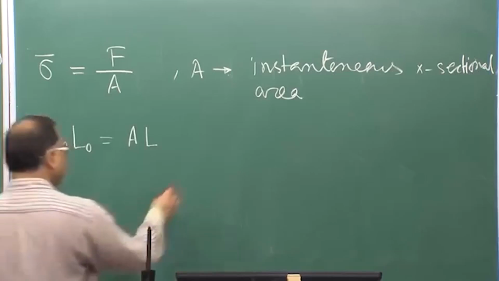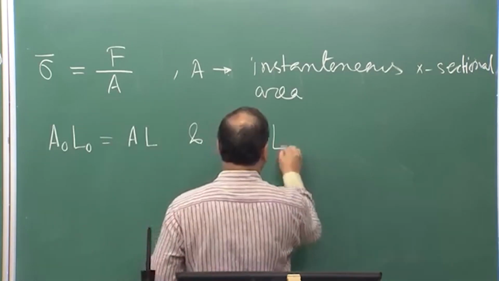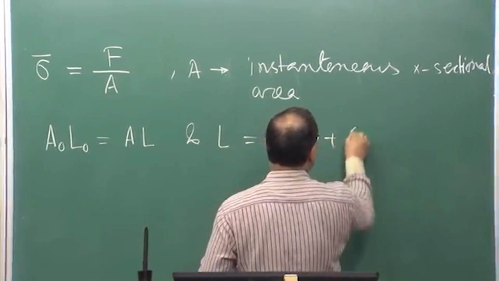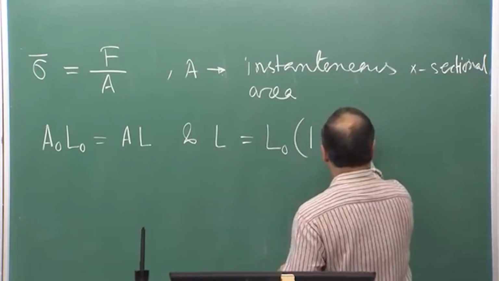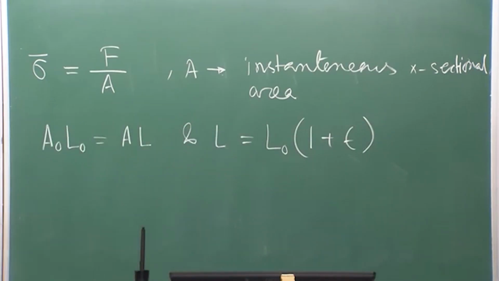So, your L at particular instant is given by L naught plus epsilon into L naught, right.